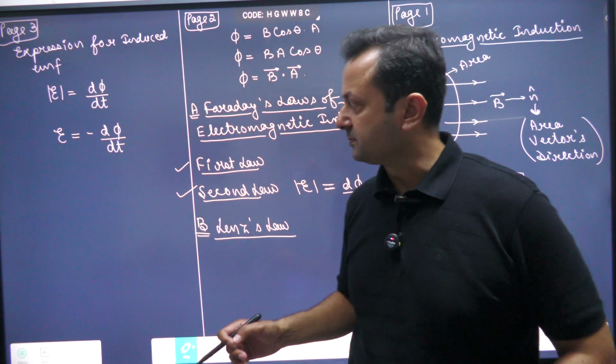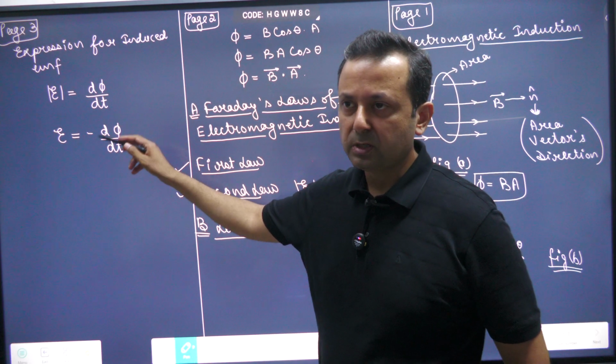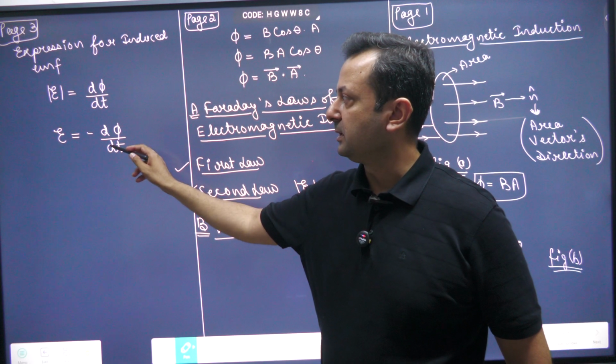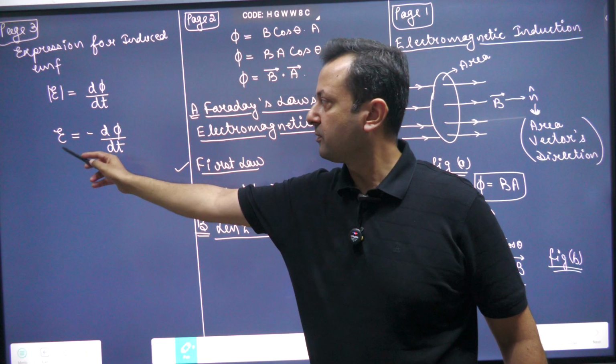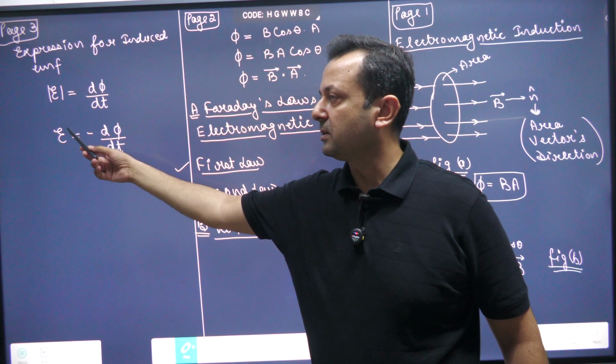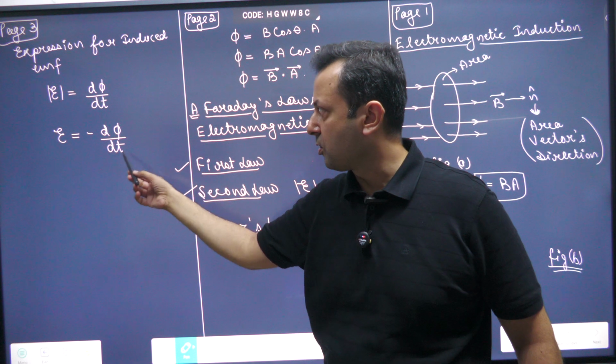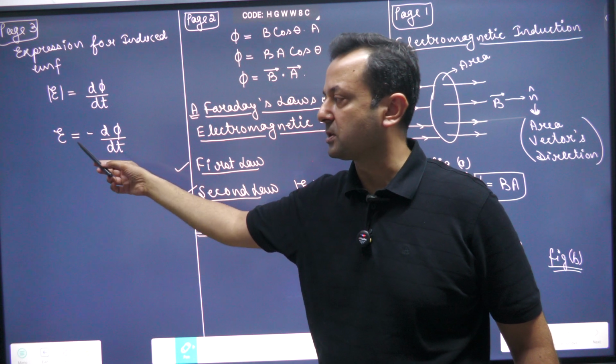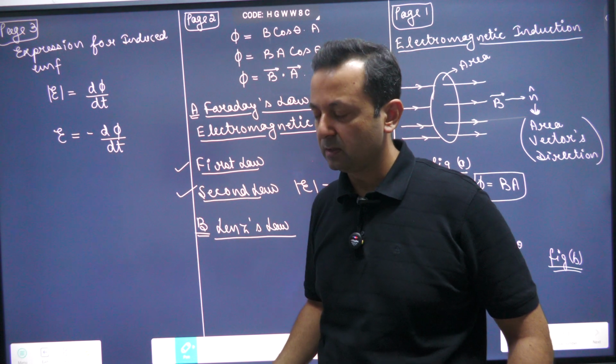The cause which produces induced EMF is d phi by dt. So induced EMF opposes the cause, d phi by dt, which produces it. That's why this negative sign is here.